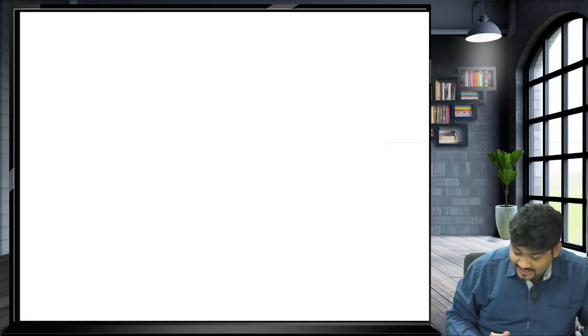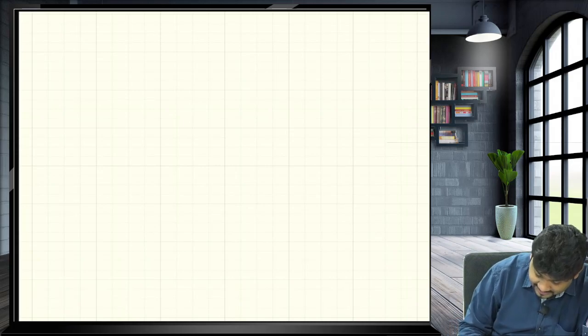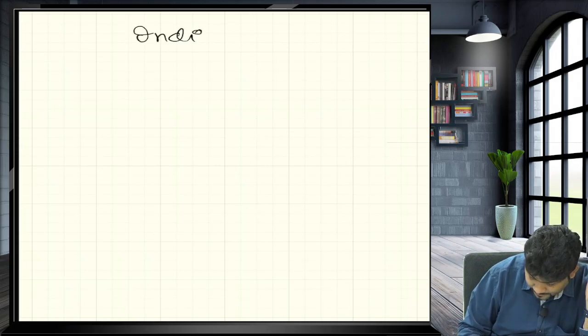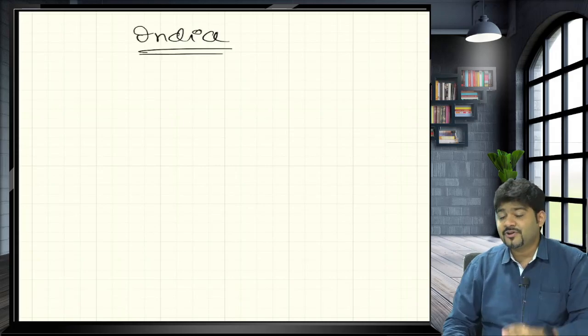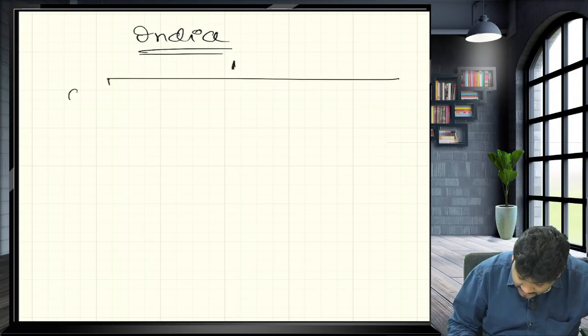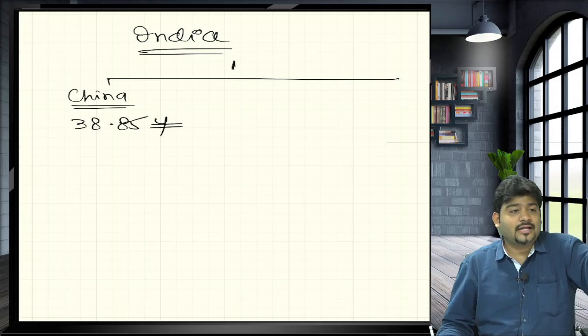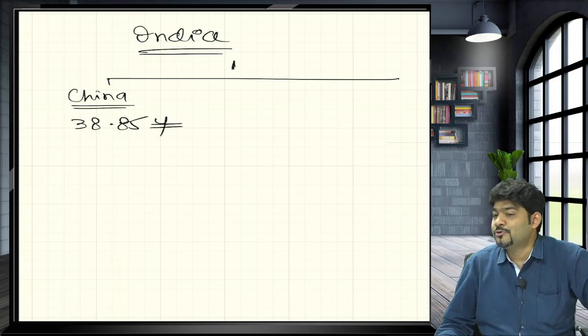Okay. Now first let's analyze India. What was India doing previously? It was purchasing from China. How much was it paying when it was purchasing from China? 38.85 what? Yen. Can you tell me what is the yen into rupees ratio?